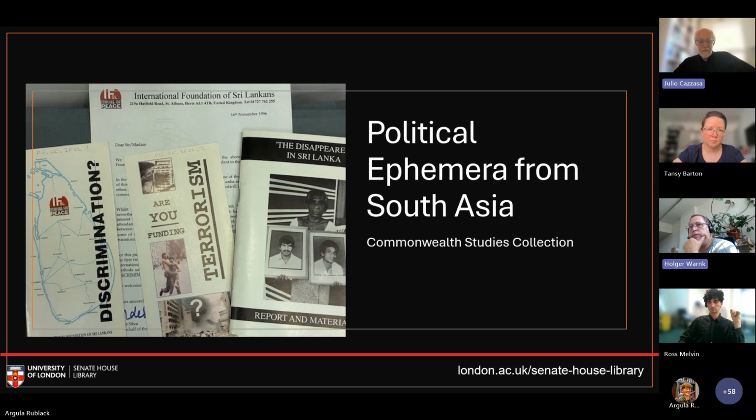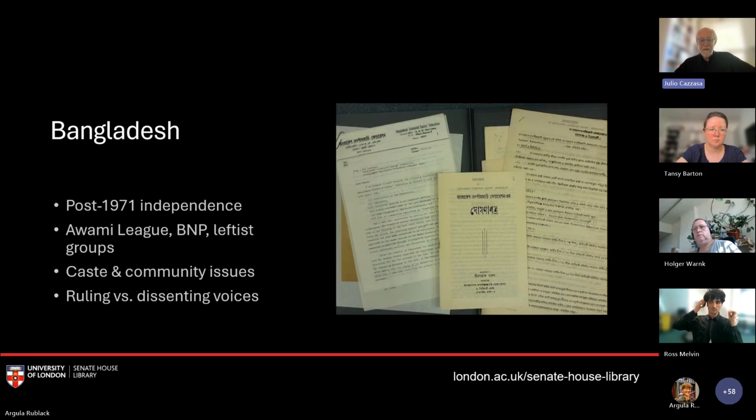The collection from Bangladesh reflects the politically volatile years following its independence in 1971. It includes pamphlets, posters, manifestos, and conference reports from major political parties such as the Awami League, the Bangladesh Nationalist Party, and various socialist and communist groups.